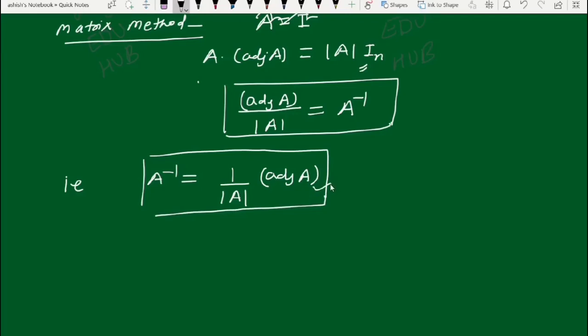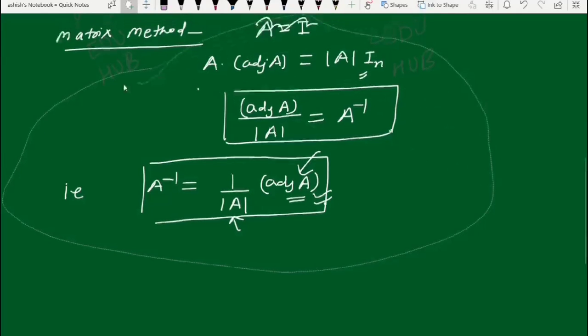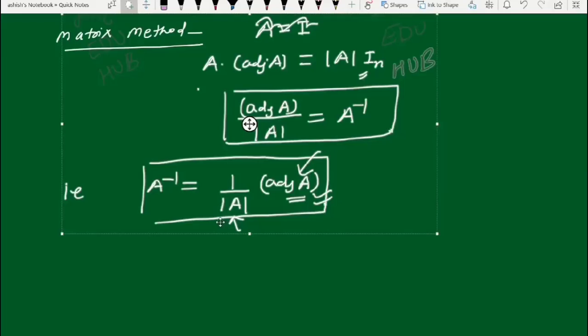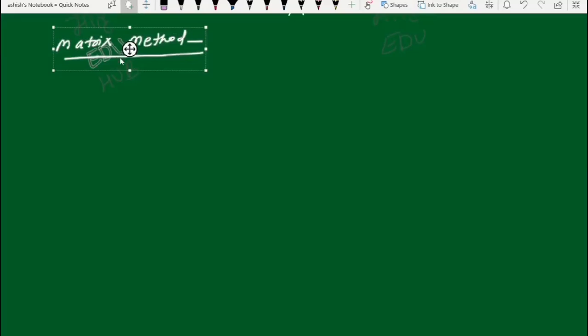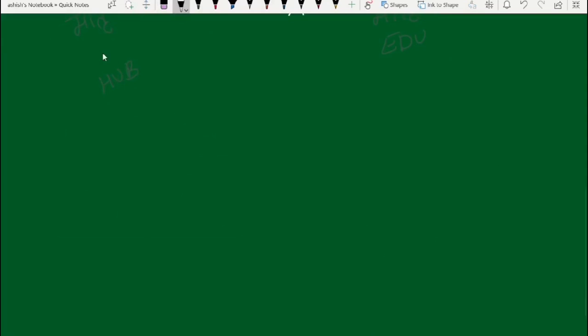Okay, now we know how to obtain the adjoint matrix, and also we know how to find the determinant of a matrix. Now the second method, elementary row transformation.